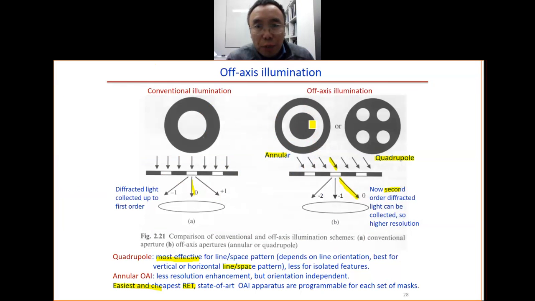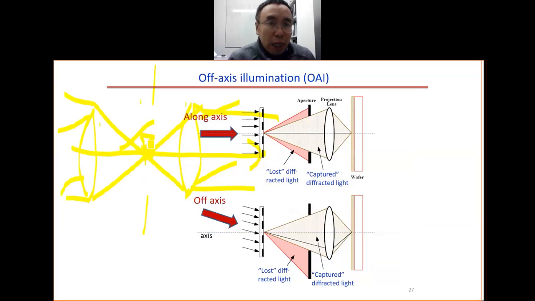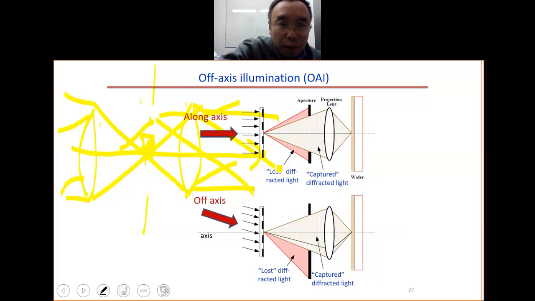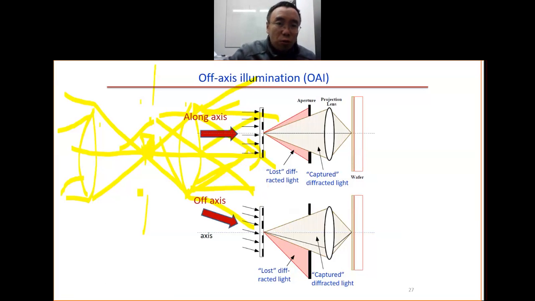Then this part of the light corresponds to the direction, right? So this direction of the light will go through, and the same thing, this direction of the light can also go through, corresponding to this spot.